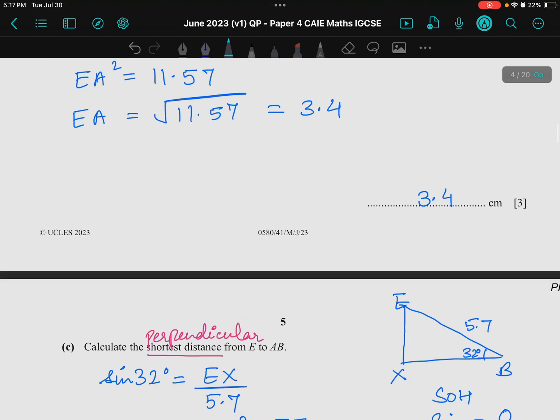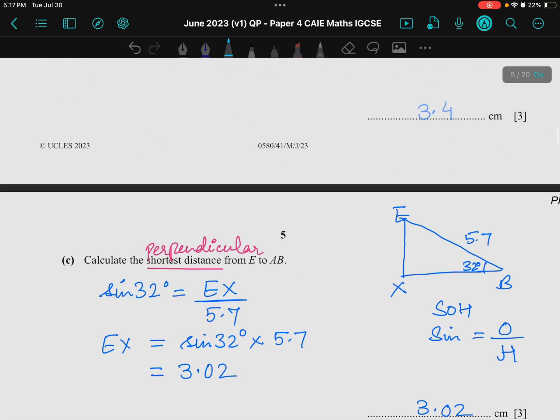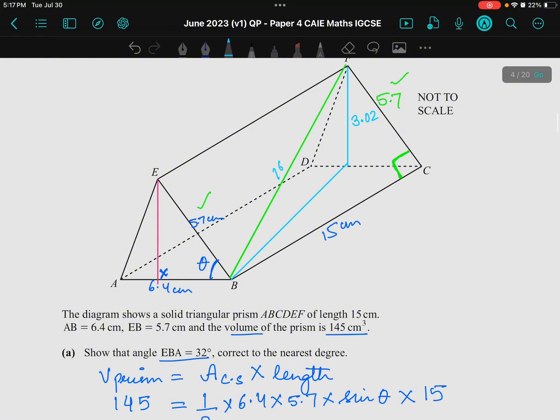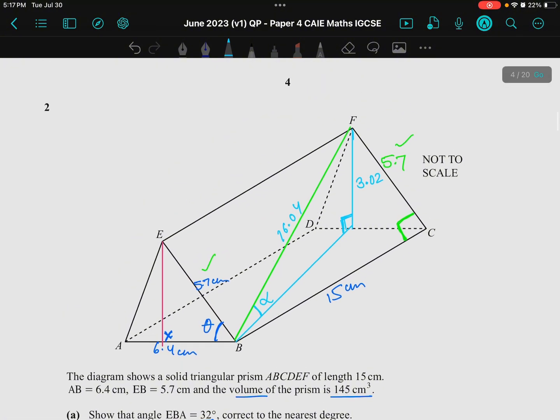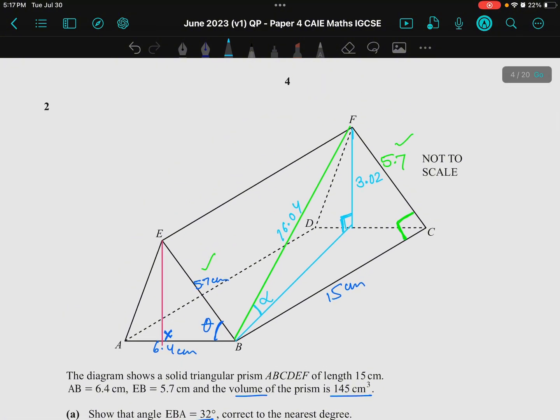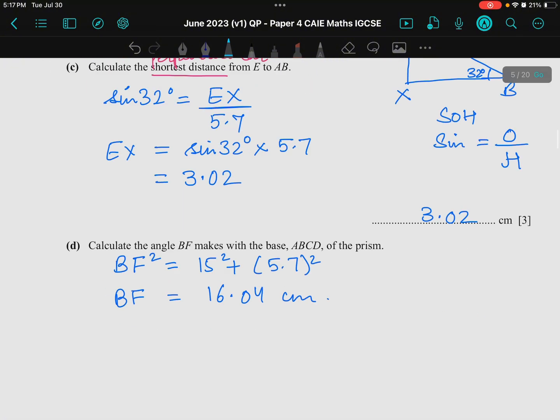And this BF we have already calculated as 6.04. This is 6.04. We have to find this angle. Let's say this angle as alpha. This angle is 90 degree because this is the perpendicular that we are dropping from the point F onto the base DC.